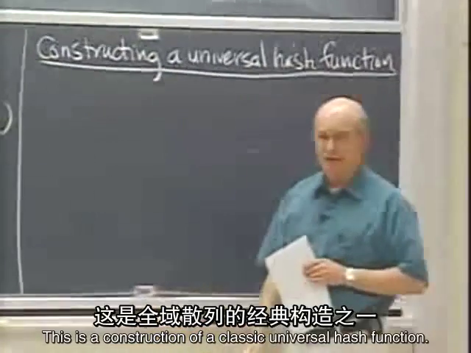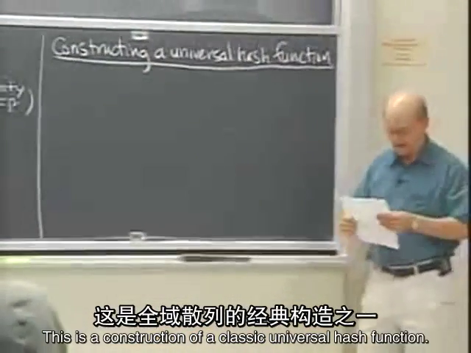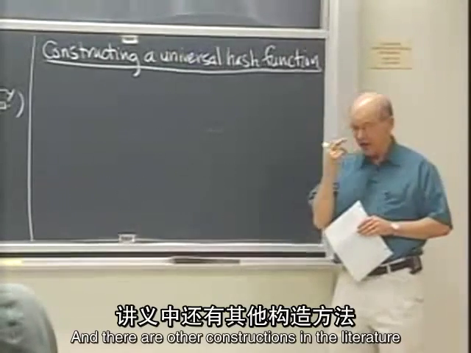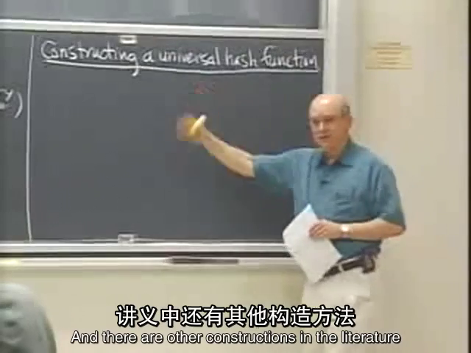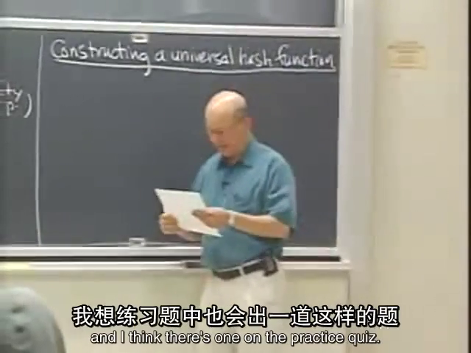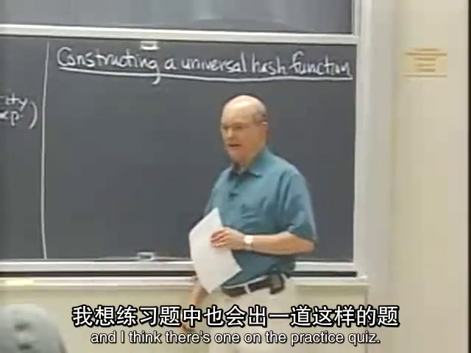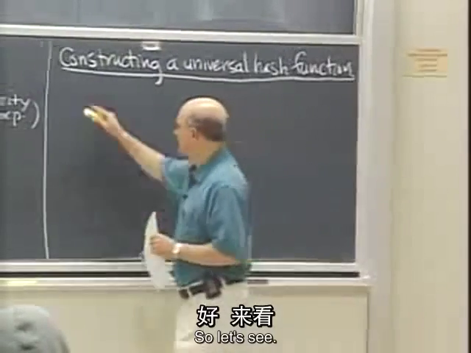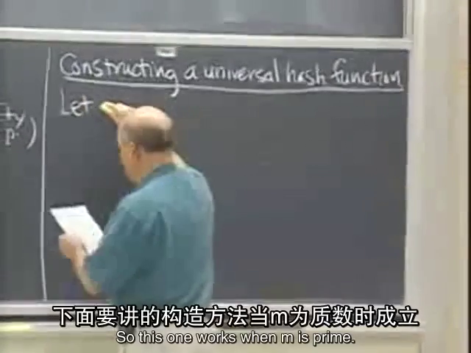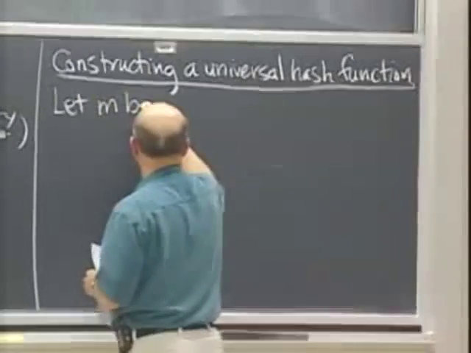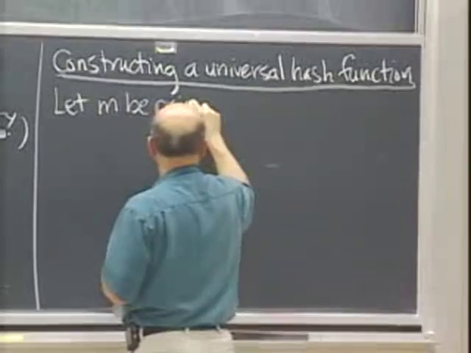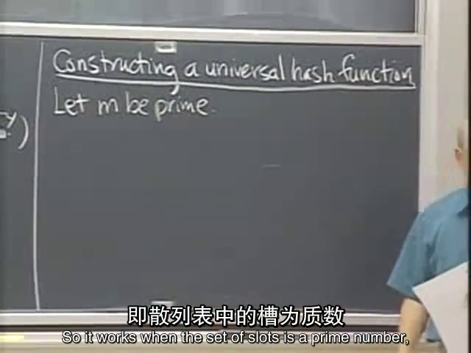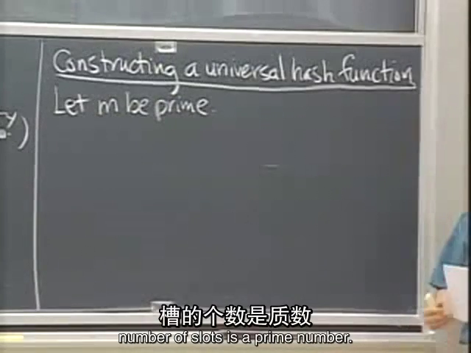This is a construction of a class of universal hash functions, and there are other constructions in the literature, and I think there's one on the practice quiz. So let's see. This one works when m is prime. It works when the number of slots is a prime number.